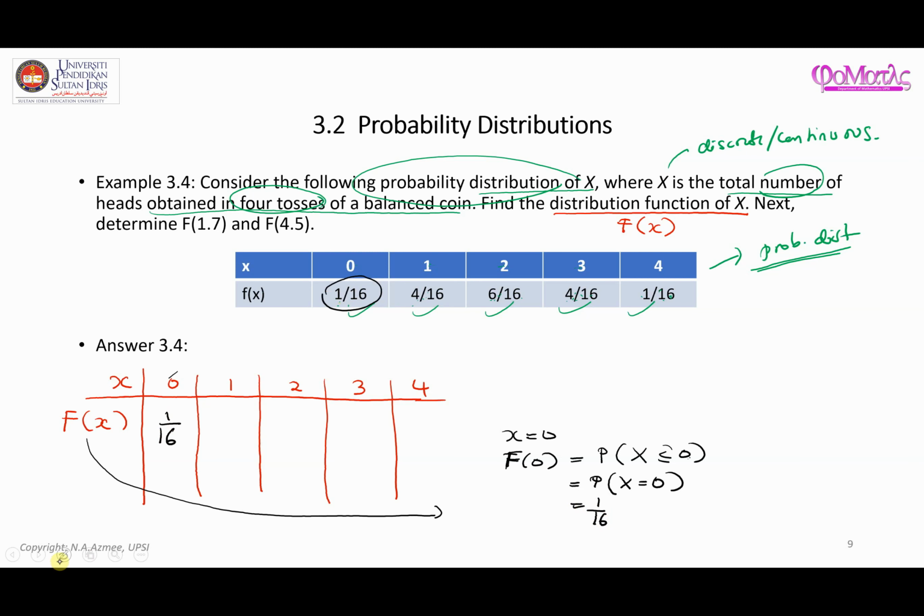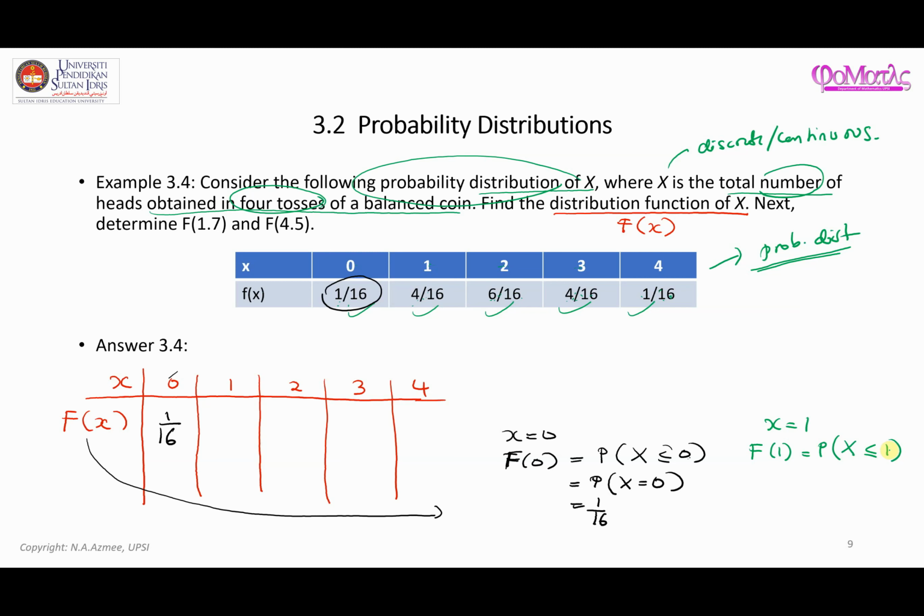Okay, what about the next one? Well, if x is equal to 1, that means we are looking for F1, and it means finding the probability of our random variable x being less than or equal to 1.